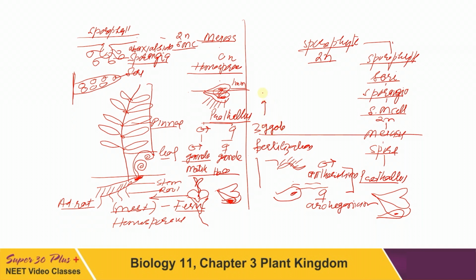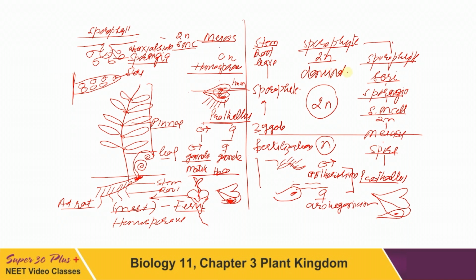The zygote divides by mitosis and develops into the sporophyte, and the sporophyte has a true stem, root, and leaves. You see that this phase is the 2n phase, and this phase is the n phase. This one is the dominating one, but both phases are independent.